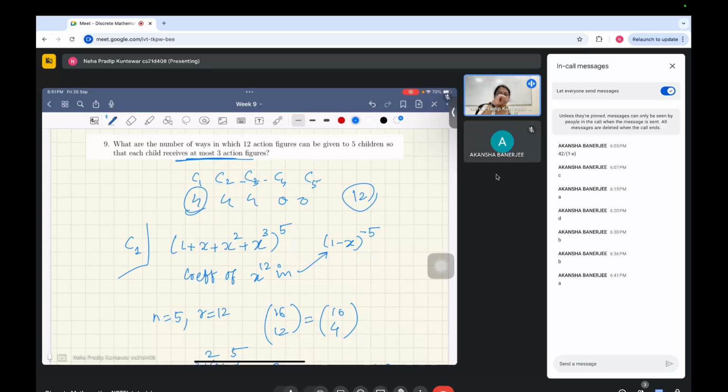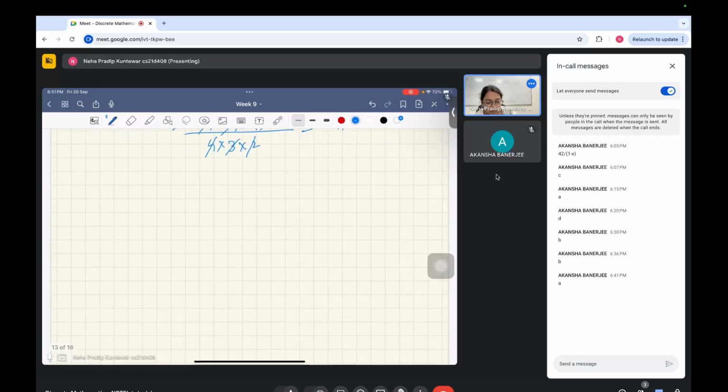Okay, so one thing that you could do is very naive, which is a lot of counting. You can subtract from here. You have 1 plus x plus x squared plus x cubed, and this is there 5 times, right?